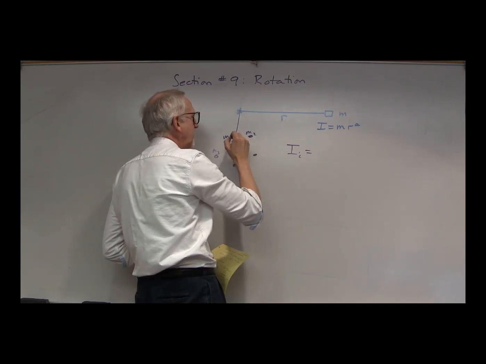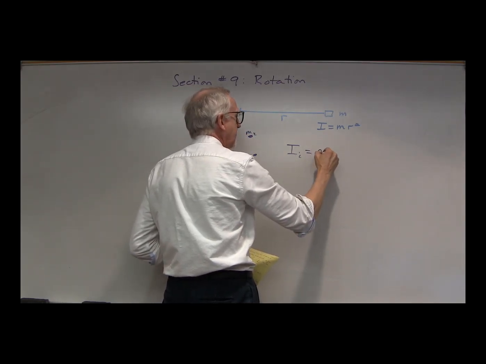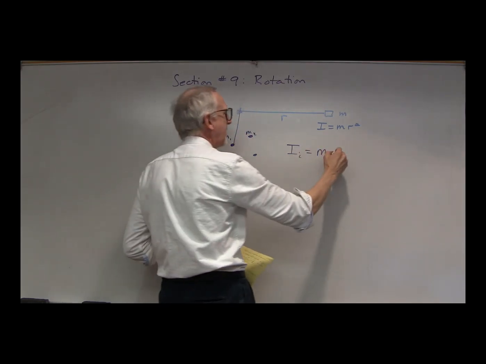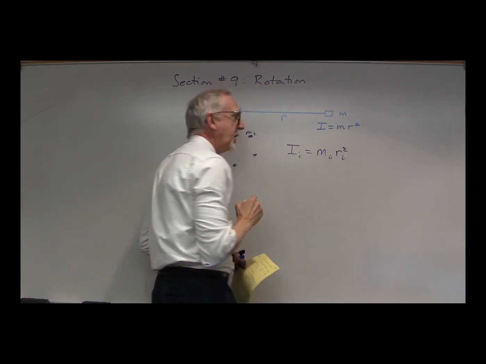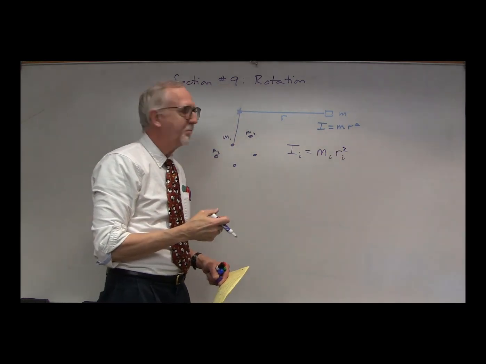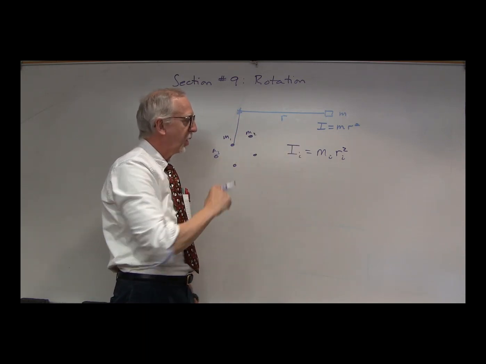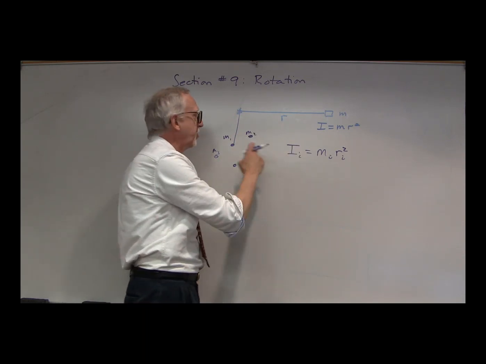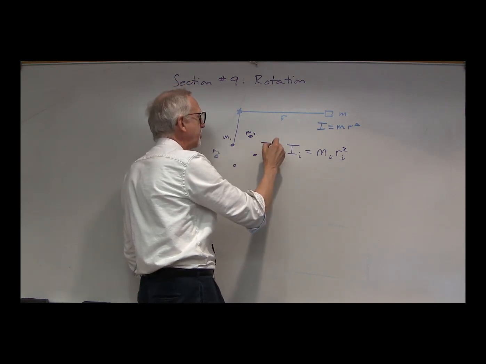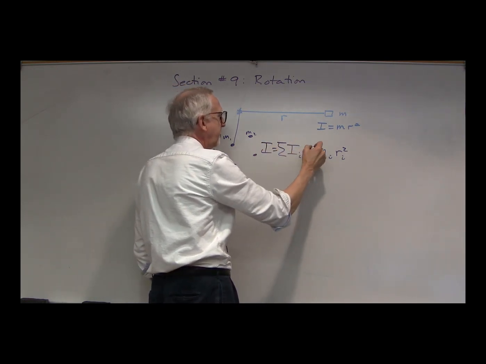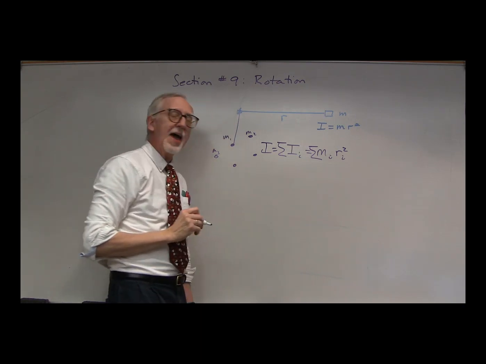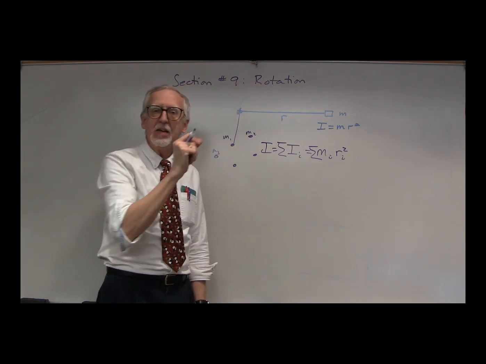That will be the ith mass times ri squared. You find the distance from the origin to the ith mass, and then mi ri squared gives you the moment of inertia for that mass, and the total moment of inertia is just the sum of all of those.